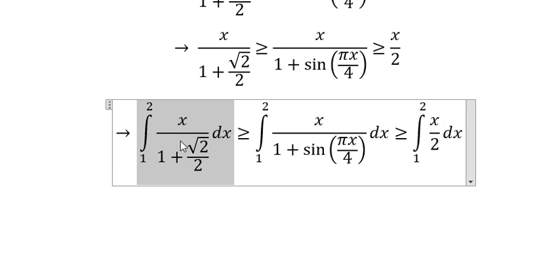Now, we need to find the integration of this one and this one.